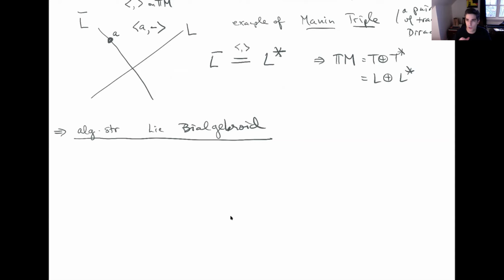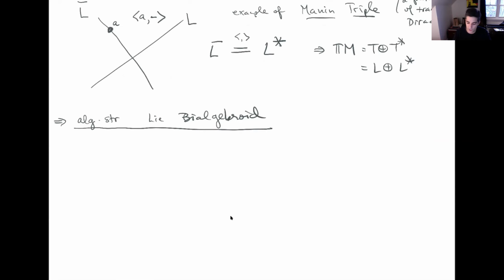So these are the direct analog of that in this algebroid case. So this is an analog of Drinfeld's Lie bialgebra for quantum groups.